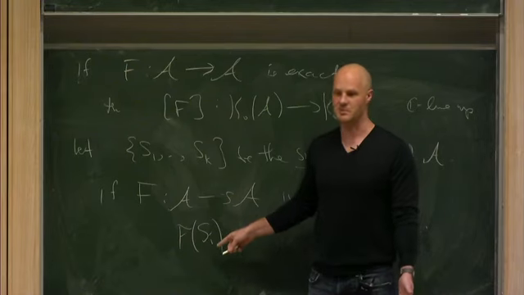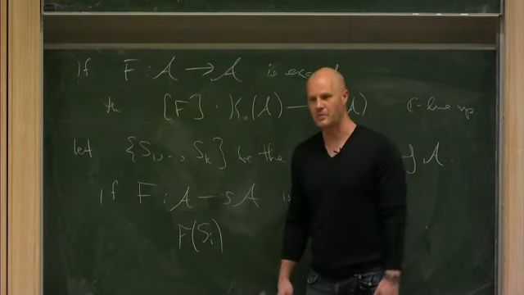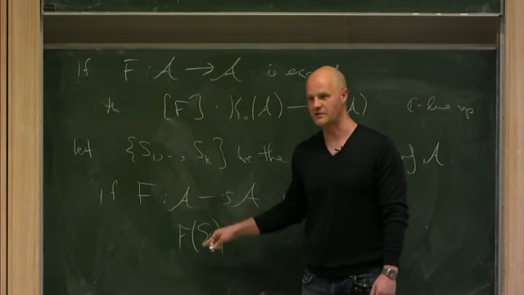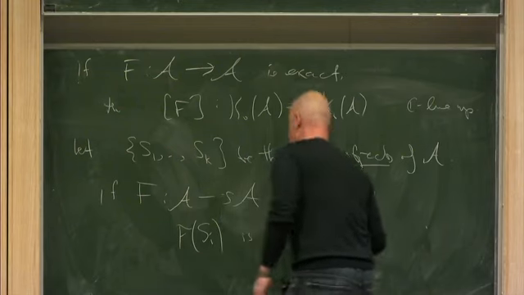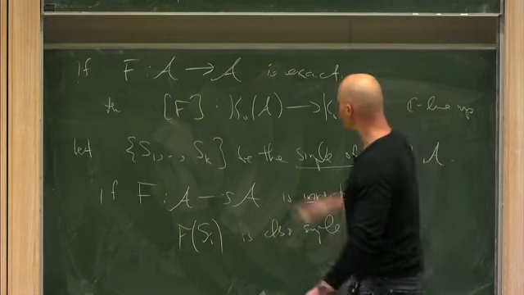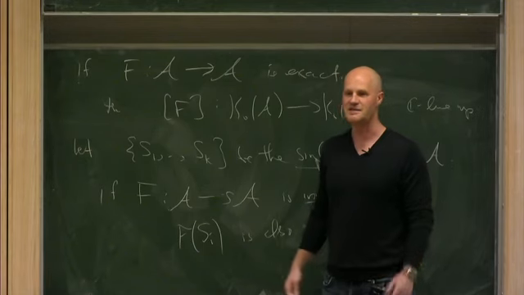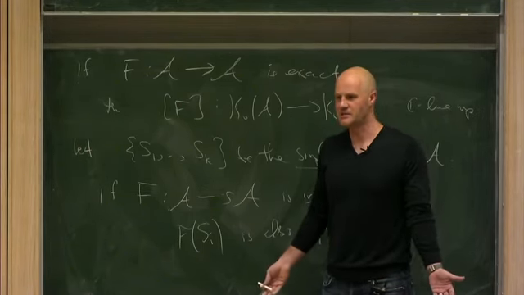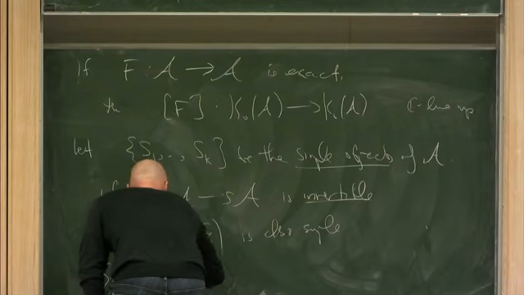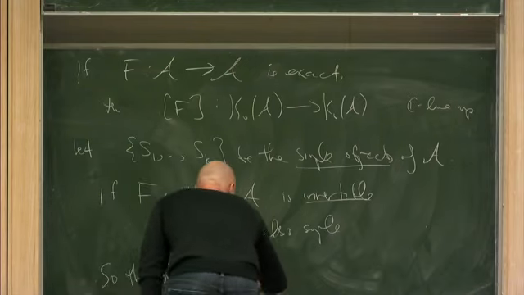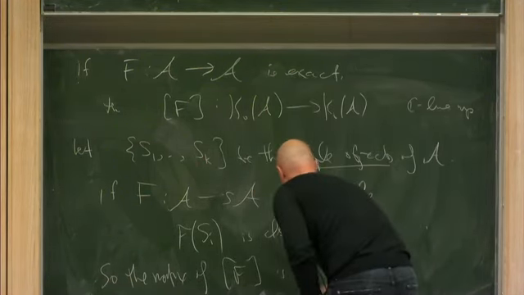Well, it's also simple, because any sub-object here you could pull back to give you a sub-object by applying the inverse functor. Okay? So this is also simple. So in other words, if you write down the matrix for this linear transformation in the basis of simple objects, it's just a permutation matrix. So the matrix of F, written in the basis of the classes of simple objects, is boring.